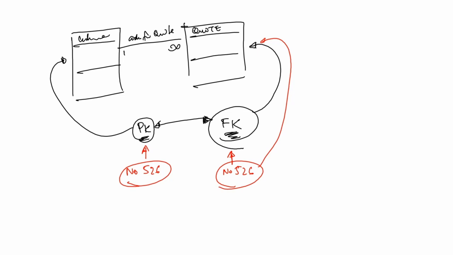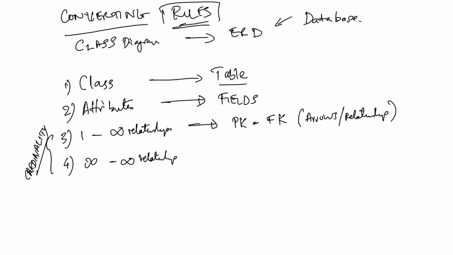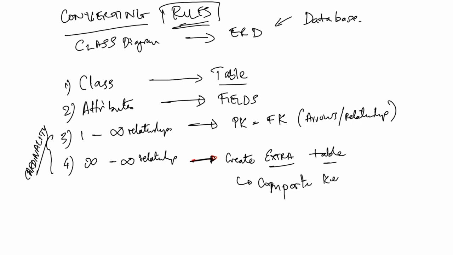Okay, and then when you come to looking at the other rules there. If you have a many to many relationship, you need to create an extra table, and this is where you have composite keys.